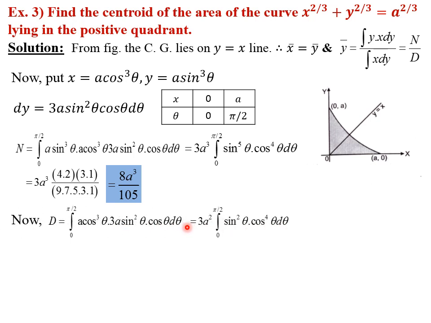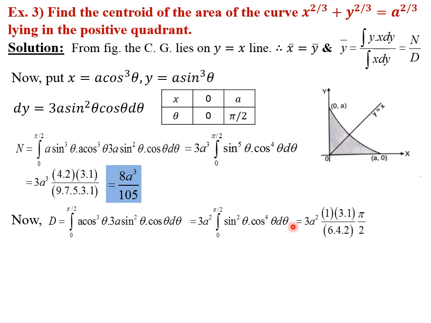When we simplify it, we'll get 3a square as a constant quantity, integration from 0 to pi by 2, sin square theta, the total degree of sine term, and cos raised to 4 theta, the total degree of cos term, into d theta.